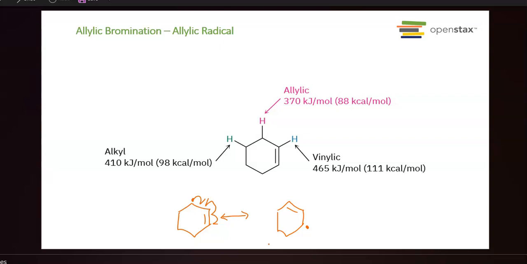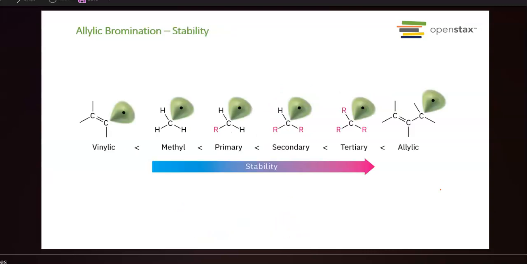So that stabilizes the intermediate, which is your free radical, and that is why you get the formation of this allylic radical. Whereas if you had removed this vinylic or the alkylic, there is no resonance structure. Okay, there is no stability of resonance structure. So therefore, allylic radicals are the ones that are easily formed, and this is the stability of the radical now.